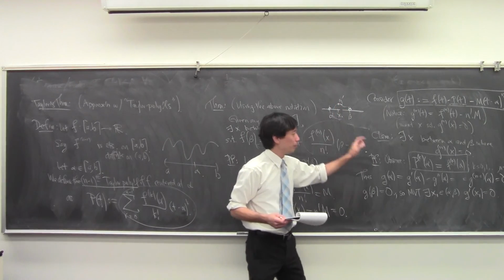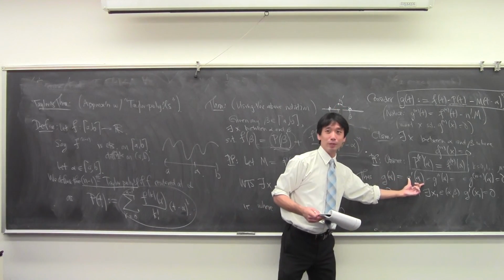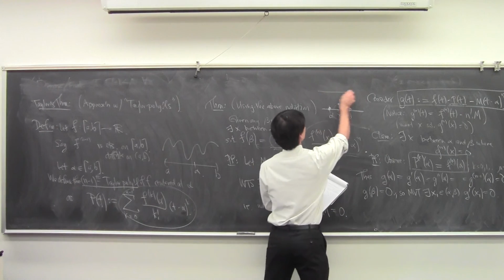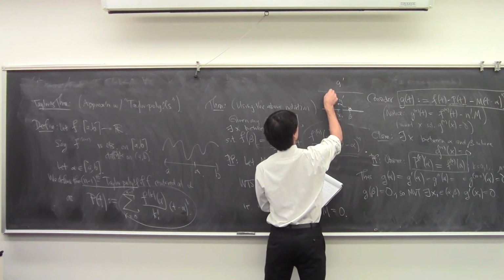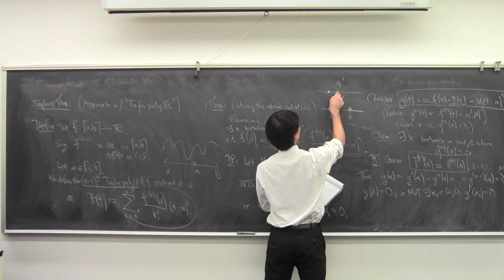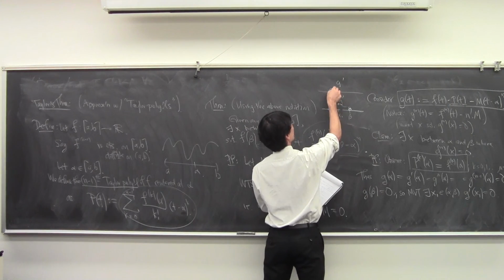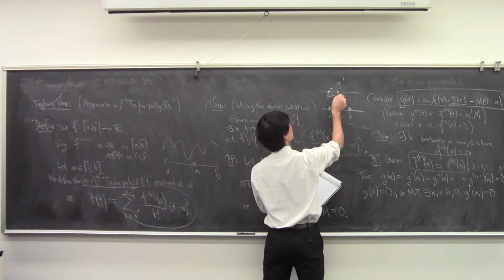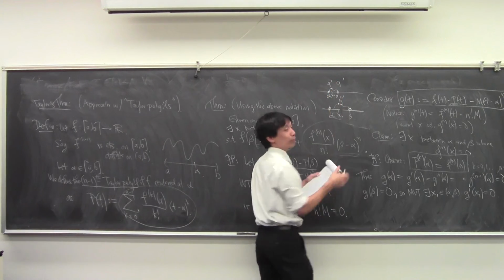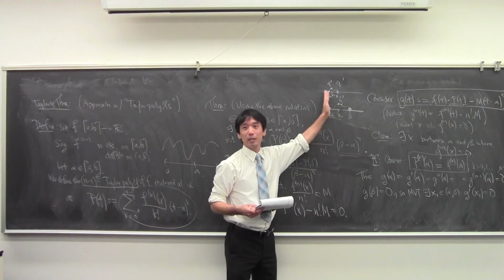Okay. But g prime of alpha is 0, right? If we look at g prime of alpha, it is 0, and g prime of x1 is 0. So there must be some point in between, x2, where g double prime is 0. And then you just keep on going.